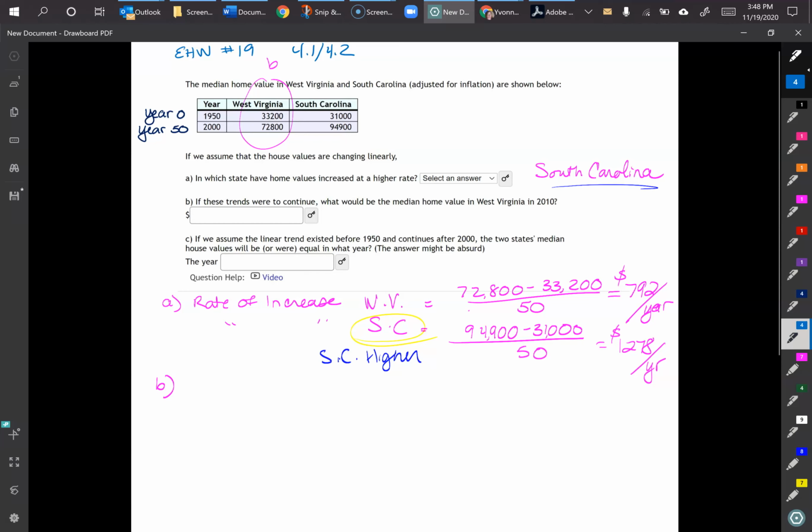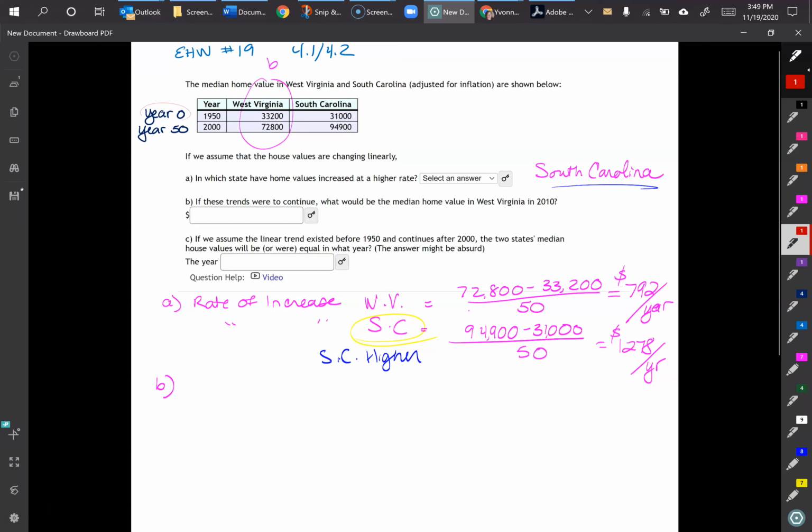So the first thing we need to do is look at this chart. We have a median home value in West Virginia and South Carolina. The start year is 1950, so the first thing you want to do is label that as year 0, so it's much easier to work with. Then X is the number of years after 1950.